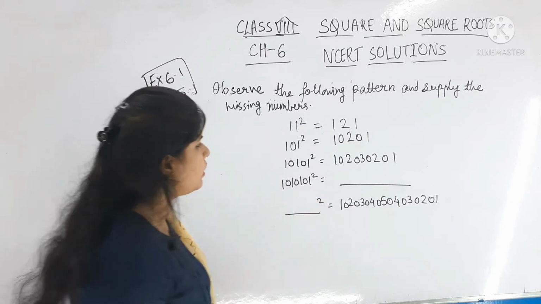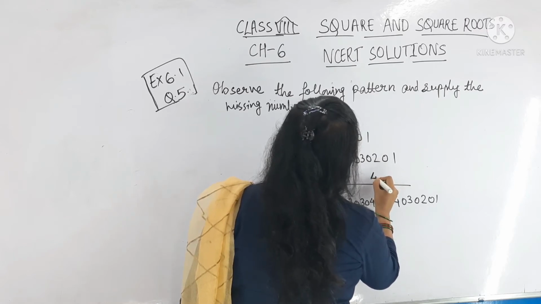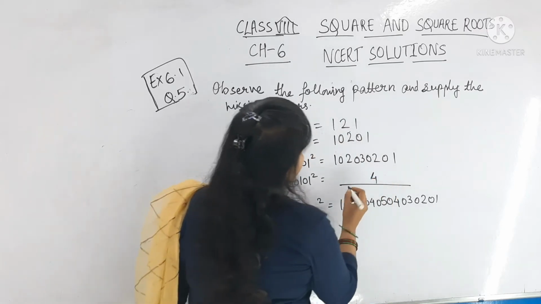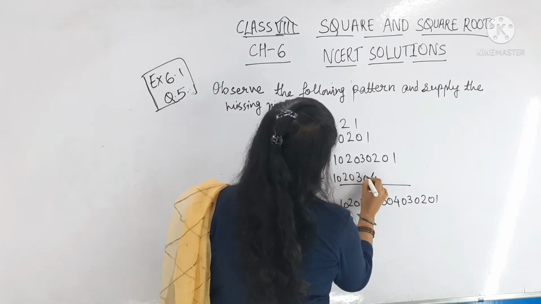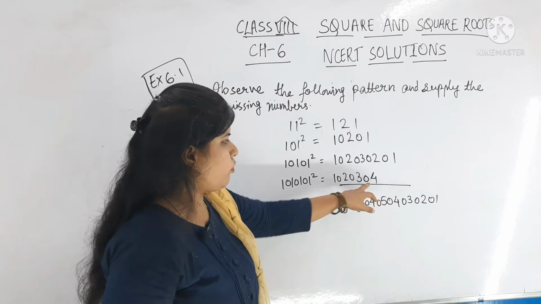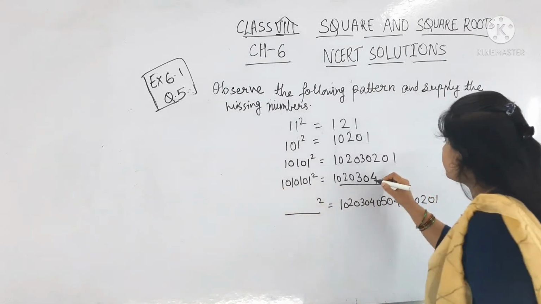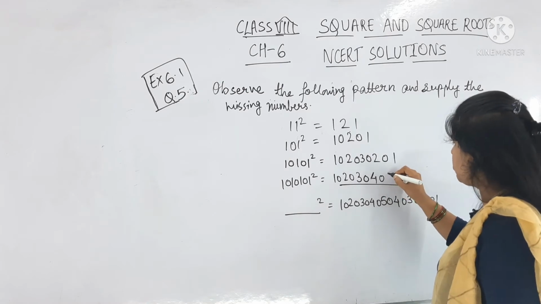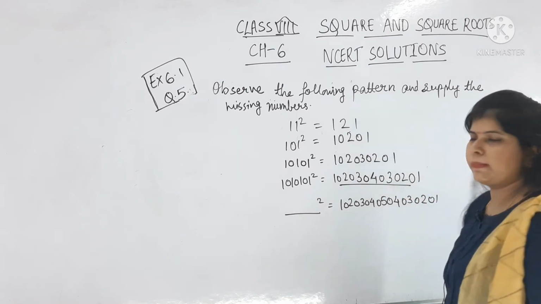So in the middle we have 4, and we have to write 1 0 2 0 3 0 before 4, and in the reverse order 0 3 0 2 0 1 after it.